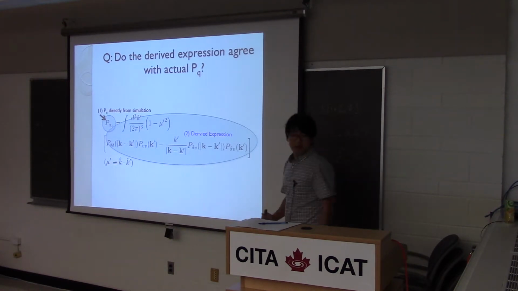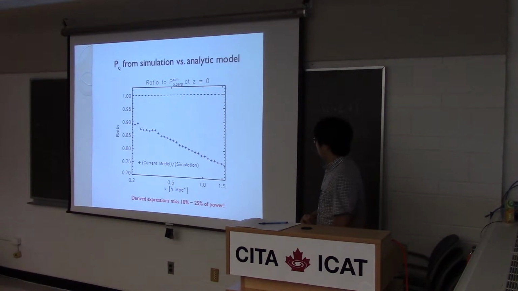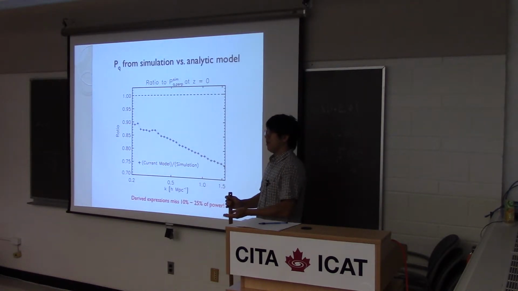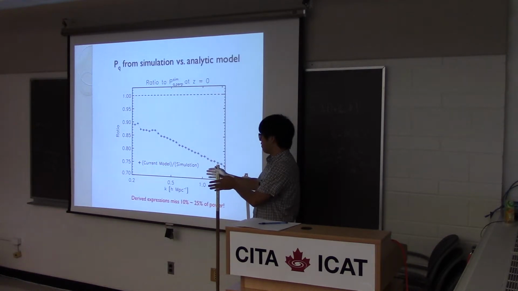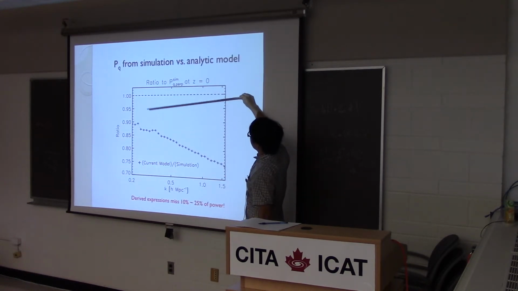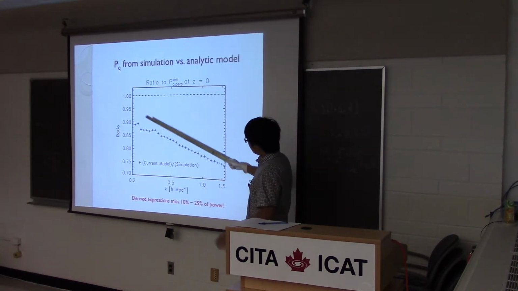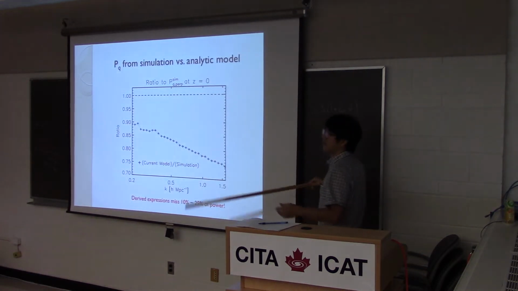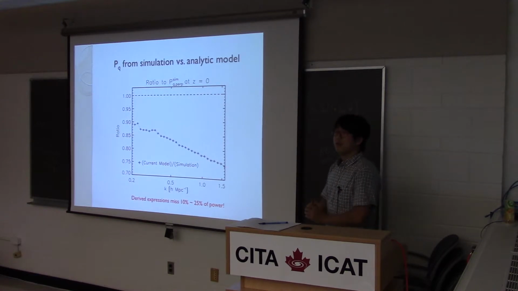But the result said they didn't agree. So this is the ratio of this analytical expression evaluated with the power spectra from simulation and the actual momentum power spectrum. And they were off, depending on scales, from 10% to like 25%, which was quite puzzling to us.